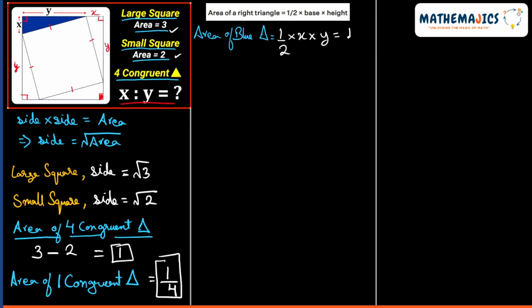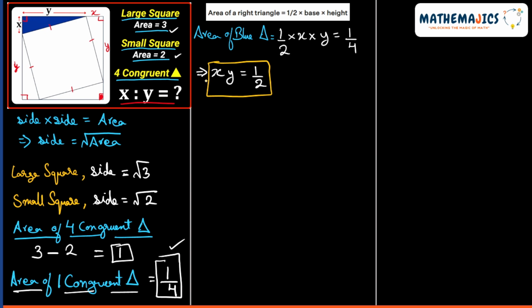This is equal to 1 by 4. Why 1 by 4? This is one of the congruent triangles and we have seen that area of one congruent triangle is 1 by 4. So solving this, we will get xy equals half. Yes. So please keep this in mind. We will be using it later on.